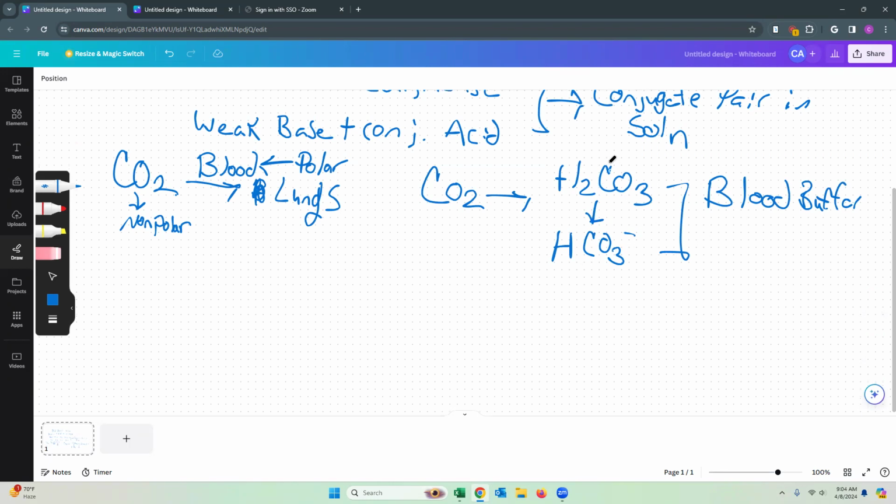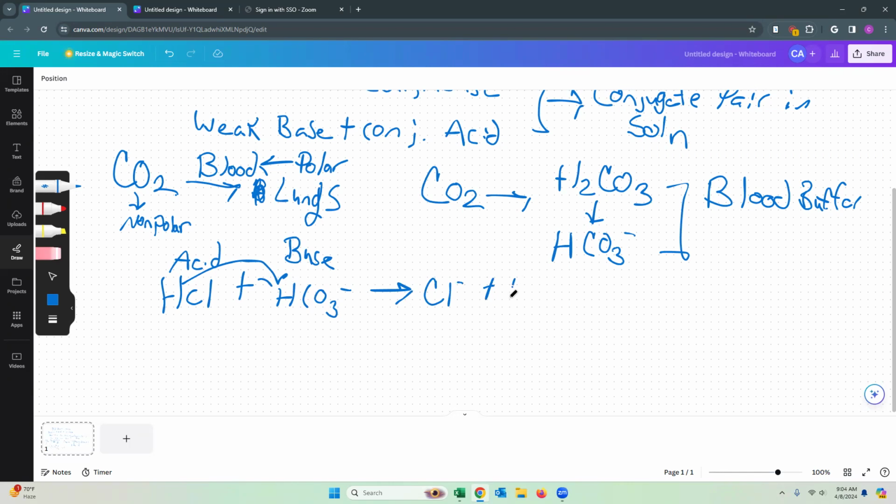Let's say I had my blood buffer and I added acid to that buffer. That acid will react with the base in my buffer, the HCO3 minus. Remember, an acid gives a hydrogen to my base. So I would make Cl minus plus H2CO3.